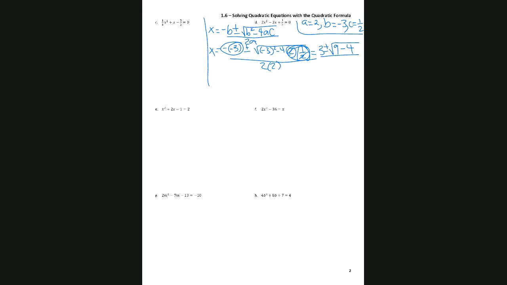So now to keep simplifying, x is equal to... I'm sorry, not negative, positive. We already took care of that negative sign. So it will be +3 plus minus the square root. I'm going to do the operation in here: 9 minus 4 is 5.